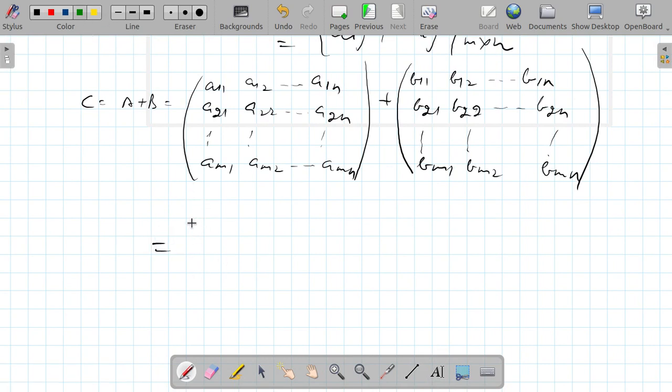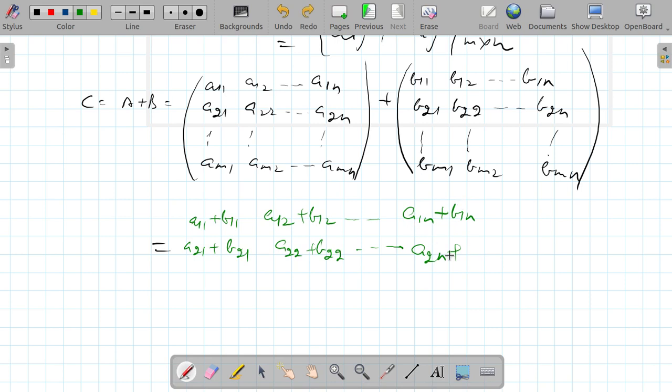So it is equal to A11 plus B11, A12 plus B12, and so on, A1n plus B1n, and A21 plus B21, A22 plus B22, and so on, A2n plus B2n, and so on, Am1 plus Bm1, Am2 plus Bm2, and so on, Amn plus Bmn.